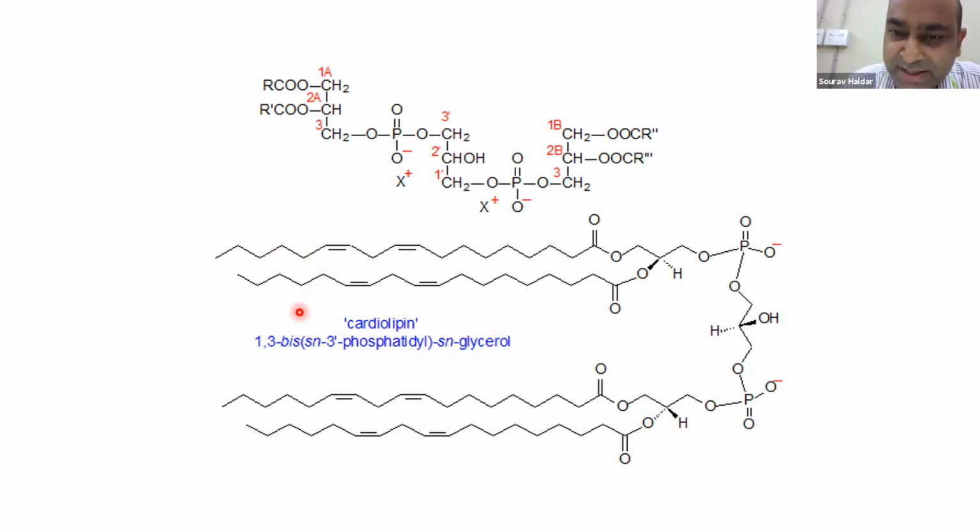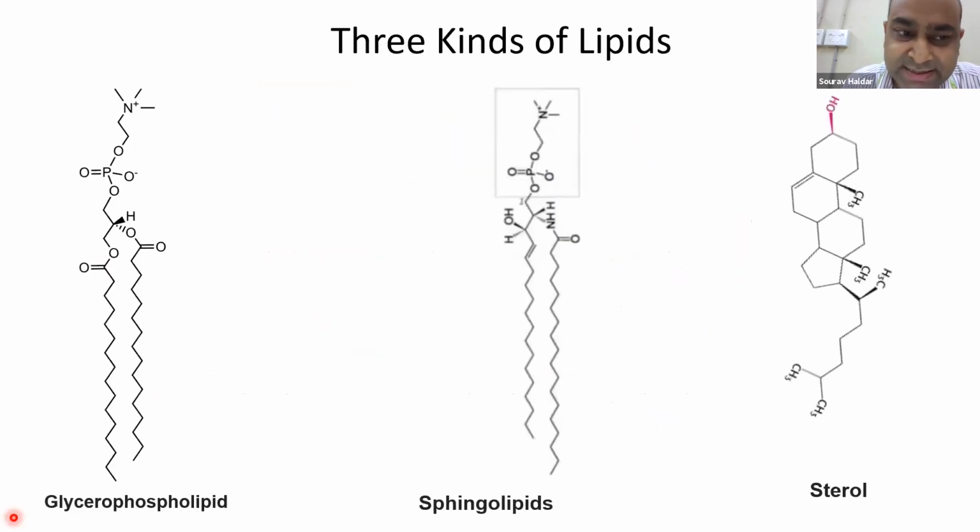I should mention that although I have been saying that the linkage between the phosphate group, the glycerol backbone and the fatty acyl chain, or the sphingosine moiety and the fatty acyl chain, is either ester or amide, there is a class of lipid called plasmalogen in which one of the linkages is ether and the other linkage is ester.